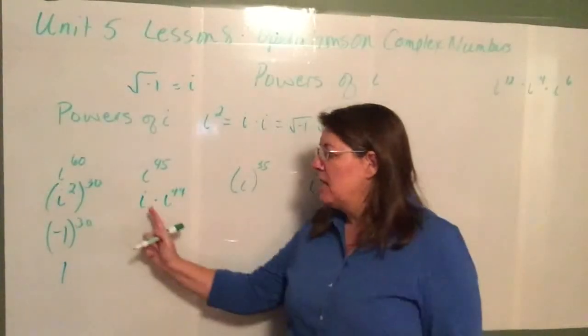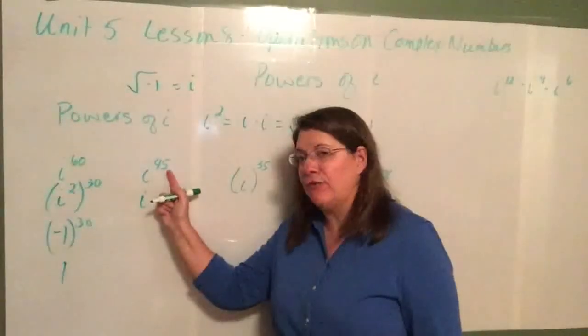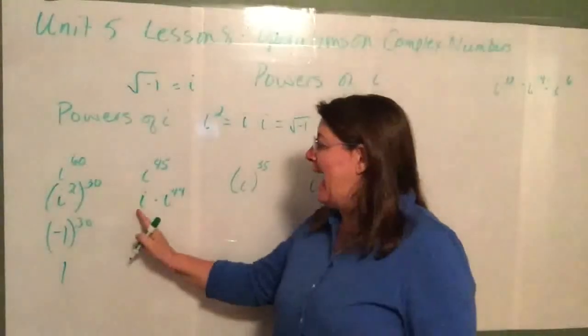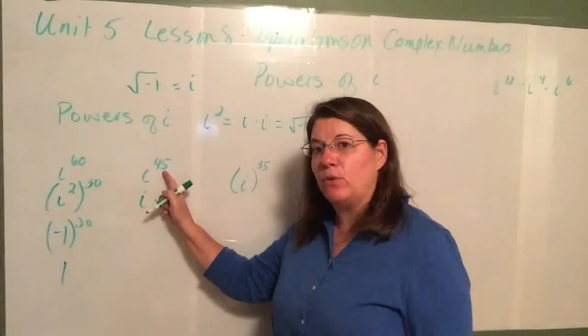If you think about it, when our bases are the same, we can add the exponents to get our final power. We're just breaking it down further. So we know that i to the 1st times i to the 44th is i to the 45th.